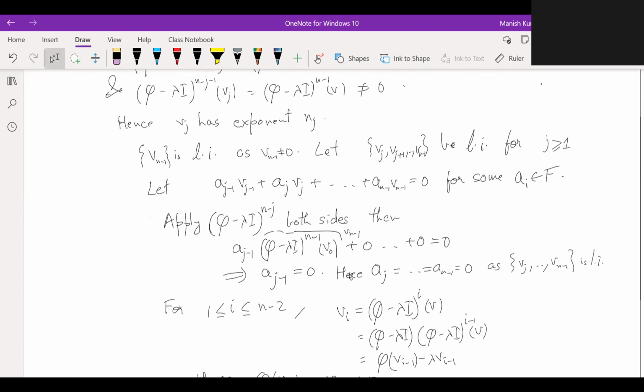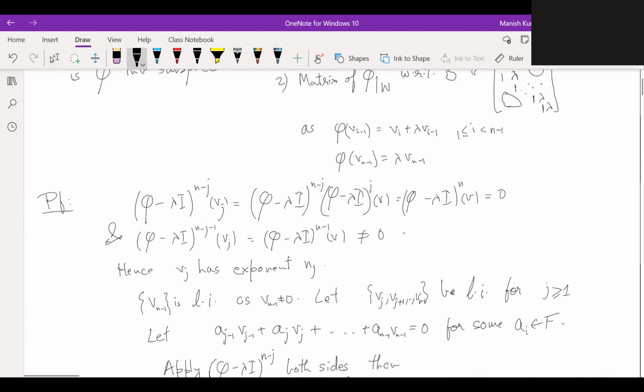Hence V0 to Vn minus 1, we are done by the principle of mathematical induction.